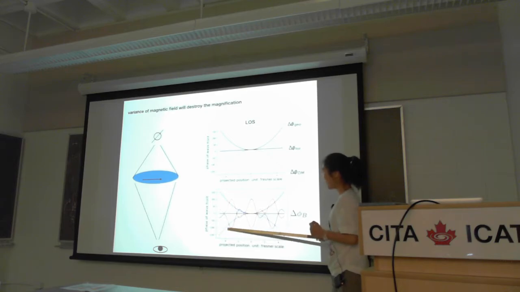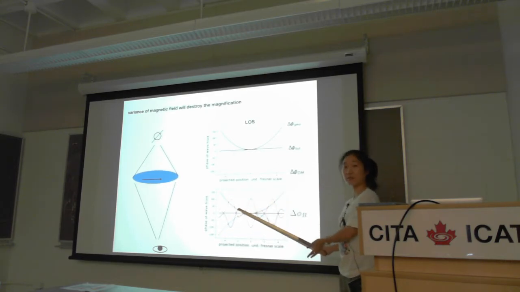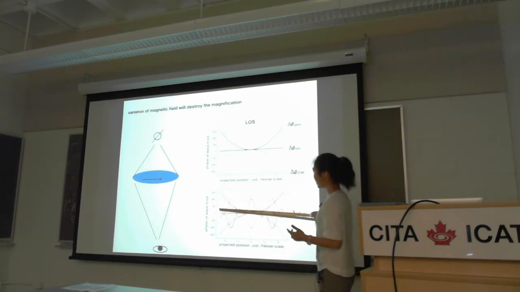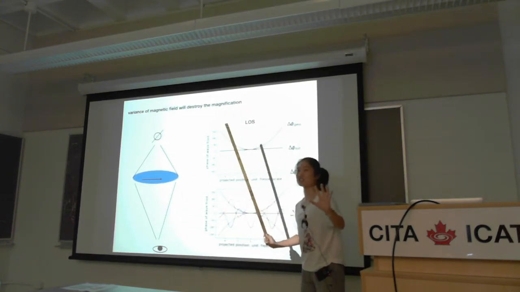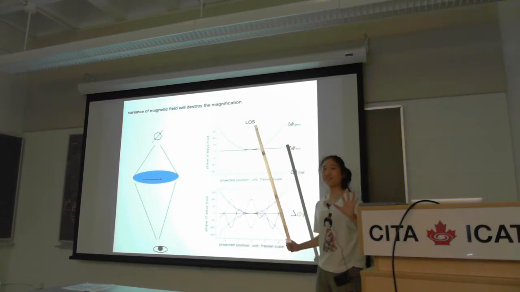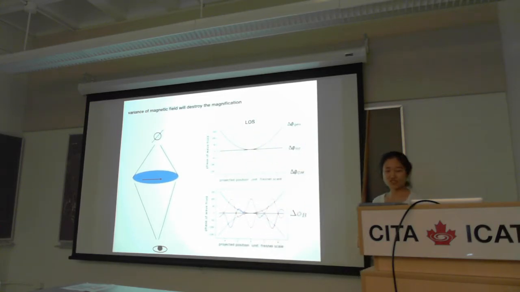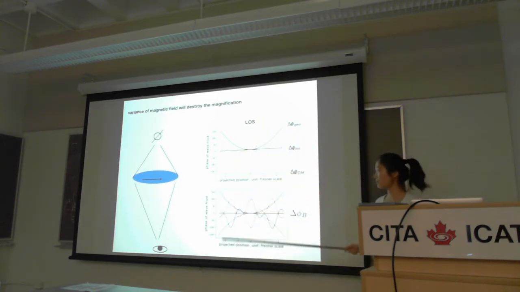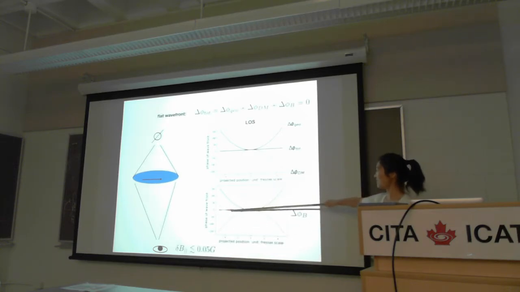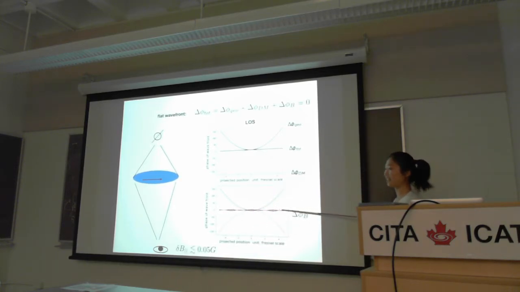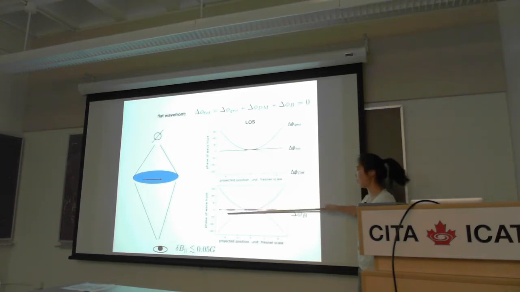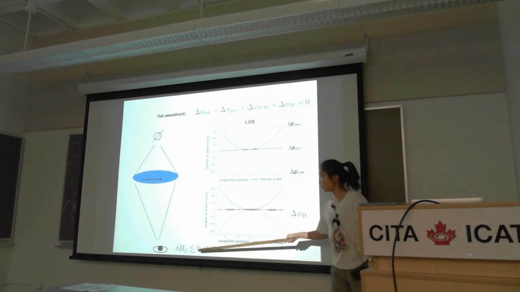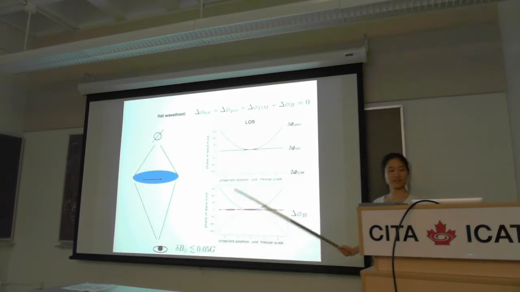You can cancel one phase, but you couldn't cancel both simultaneously. Which means that even a 1 Gauss variance across the image can completely destroy the magnified events in the other polarization. So the only way to observe magnified events in both polarizations is to suppress the variance of the magnetic field so the phase variance is smaller than 2 pi. And that requires the variance of the magnetic field to be smaller than 0.05 Gauss.